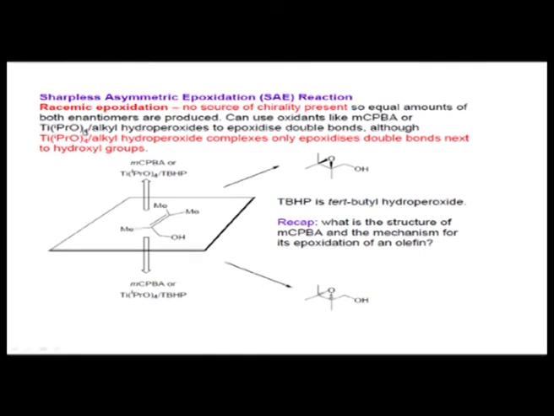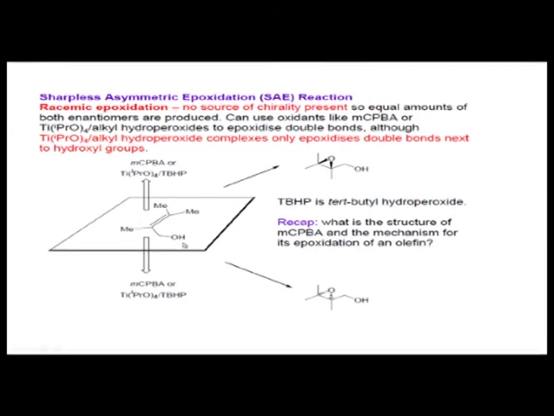One difference with the t-butyl hydroperoxide and titanium isopropoxide combination is that it only epoxidizes compounds which are allylic alcohols. So, there must be a wedge here, and then CH2, then a double bond. Okay. Now, Sharpless saw that this reagent is able to epoxidize the double bond.